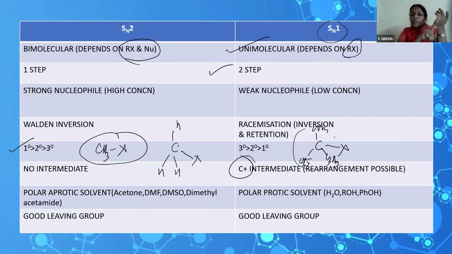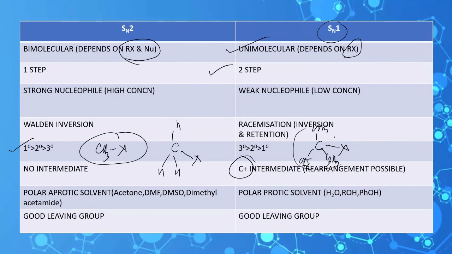So nature of substrate is one factor. What is the other one? Nucleophile, does it play a role? The nature of the nucleophile, does it play a role in identifying SN1, SN2 or going on for elimination?